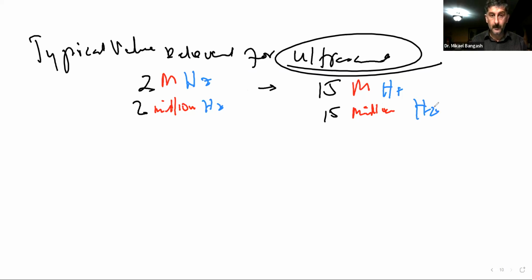Clear? What does this 2 million hertz mean? That it may mean 2 million cycles per second.